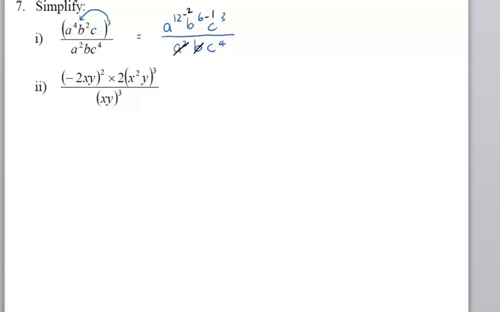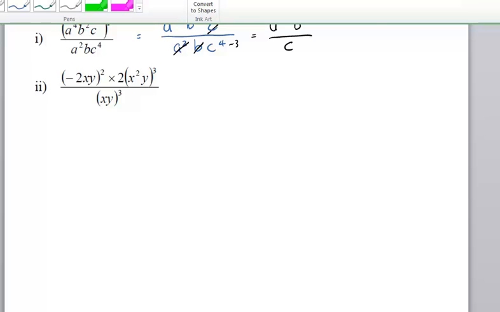We could minus 4 here and have a negative 1 and then move it down, or it's simpler to cancel out our c cubed and minus 3 here. So we're going to end up with a to the power of 10 multiplied by b to the power of 5, and our c is cancelled out here. At the bottom we have c to the power of 4 minus 3, and so we have all divided by c.